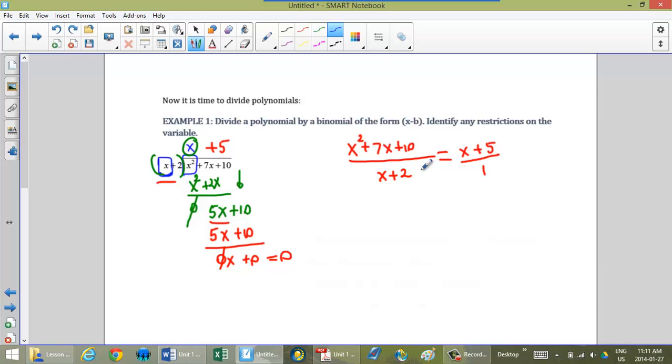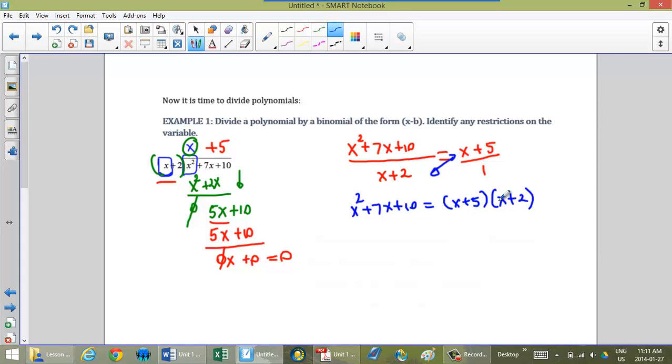Okay? I just want you to imagine that cross multiplication, to rewrite this in non-fraction form. So we have our polynomial x squared plus 7x plus 10 equals, well, we had x plus 5, and since we're doing the cross multiplication, it's multiplied with x plus 2. And we notice there's no remainder.